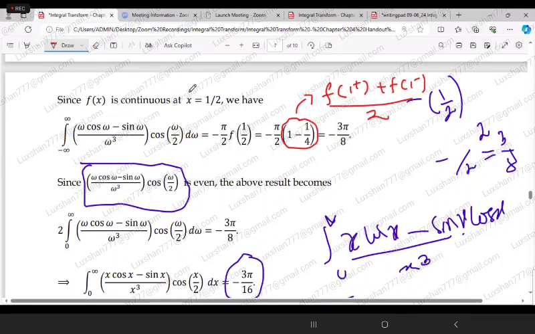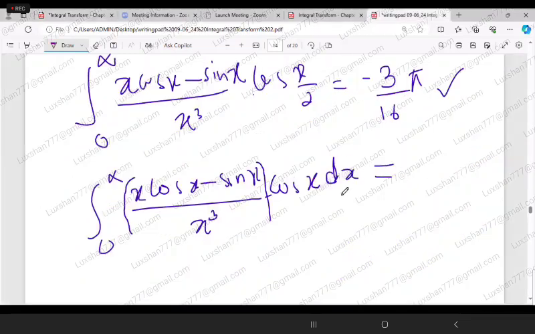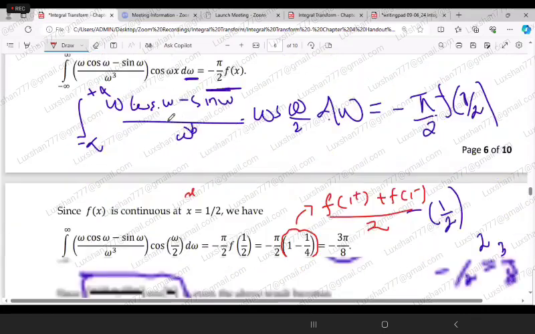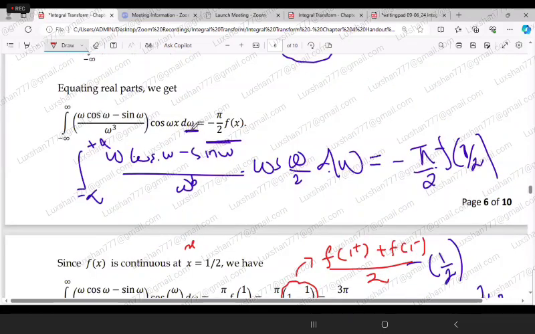Because here we are asked to find x, therefore our x should be what here. To compare with that one, you have to put x equal 1.